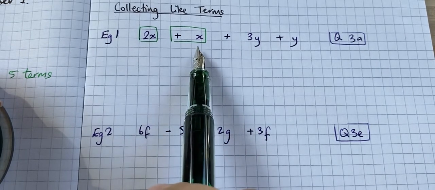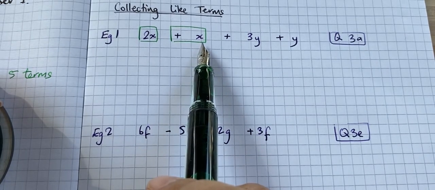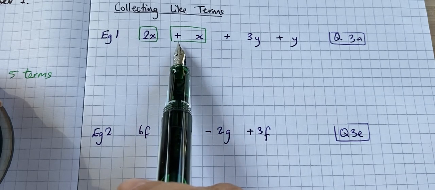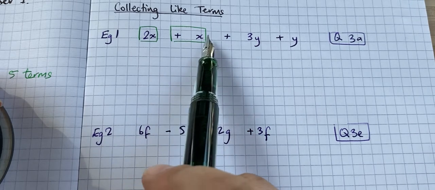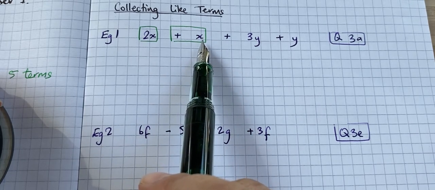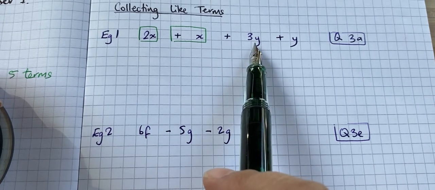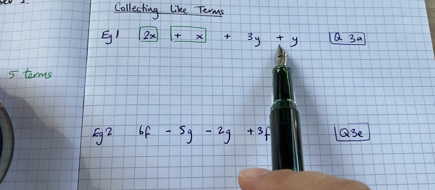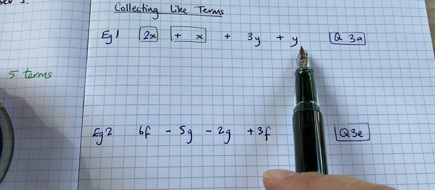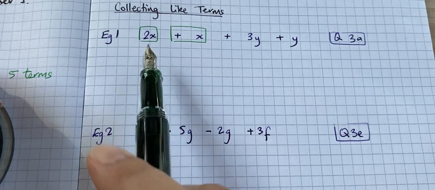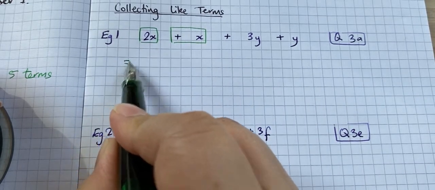And if you notice here, I haven't just put a box around the x, I've put a box around the add sign as well, because this add sign belongs to the term that's straight after it. So this plus, or this add, belongs to this 3y, and this final addition sign belongs to the y at the end. So I'm going to deal with the x's first.